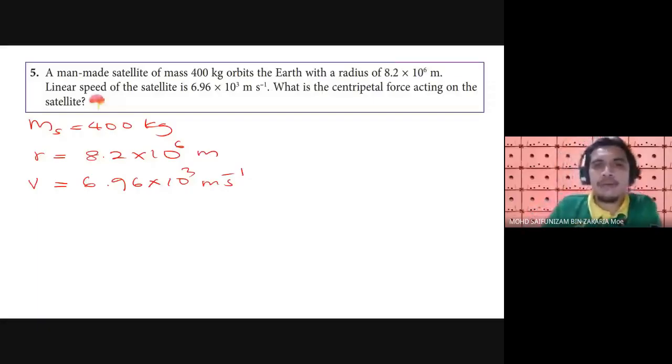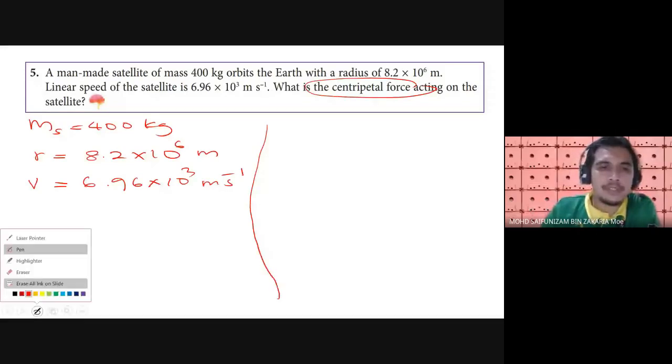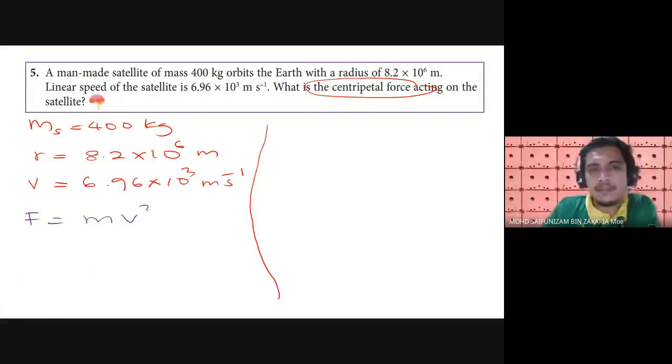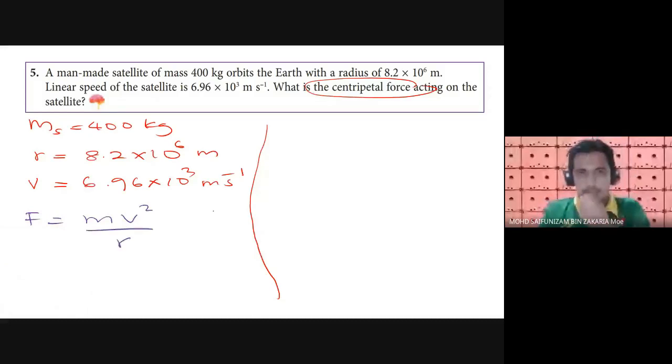So what is the centripetal force acting on the satellite? Okay, it needs a centripetal force. So what is the equation for centripetal force? F equal to mV squared over R. So very simple. Because the value of V is given, the value of linear speed is also given, and radius is given.